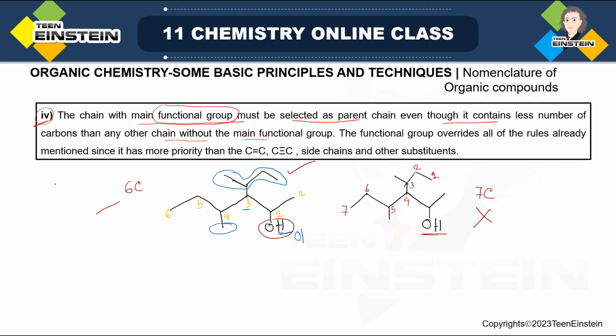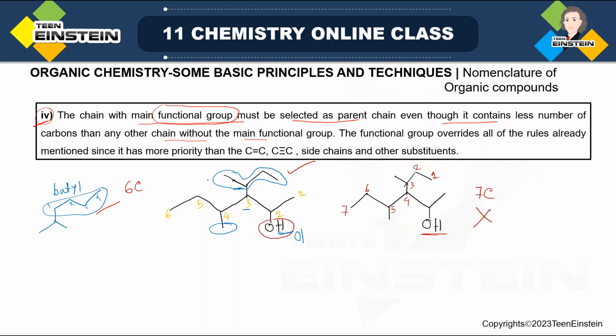But remember, it is not just a simple butyl. If I say it is simple butyl, then it should start like this, 1, 2, 3, 4. So a total of 4 carbon butyl. That is normal butyl, where it is attached to the main chain from the first carbon. But here it is attached at the second carbon. This is the second, so let me number it again.